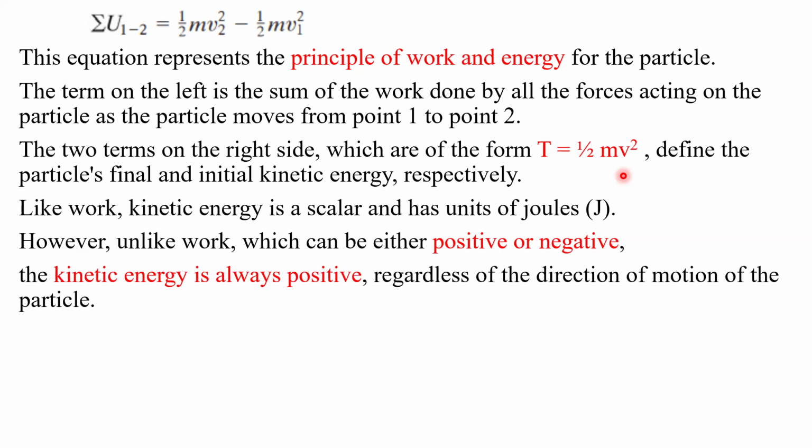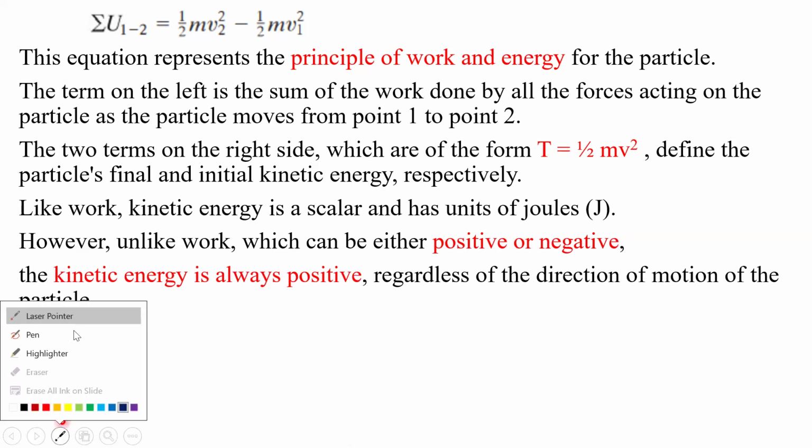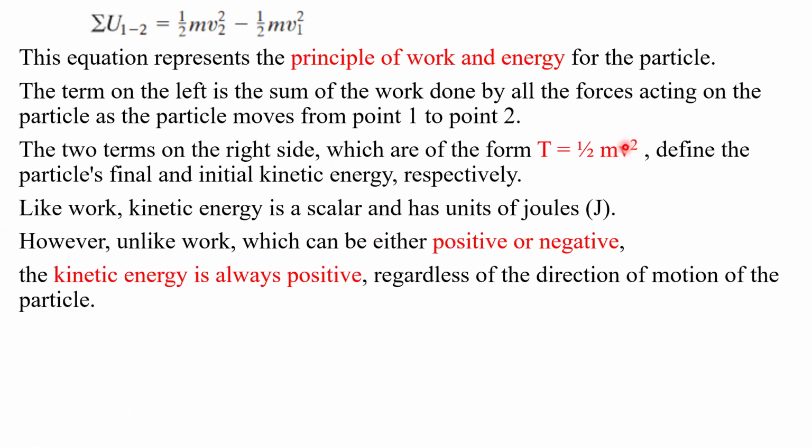This is simple enough: whether your v is positive or negative, by the time you square your velocity, it will become positive. Whether you have negative velocity or positive velocity, your kinetic energy will always come out as positive.